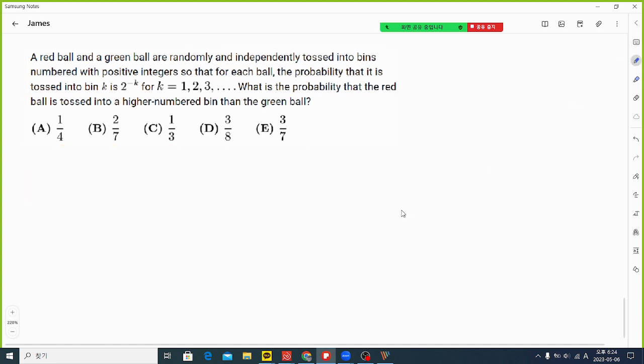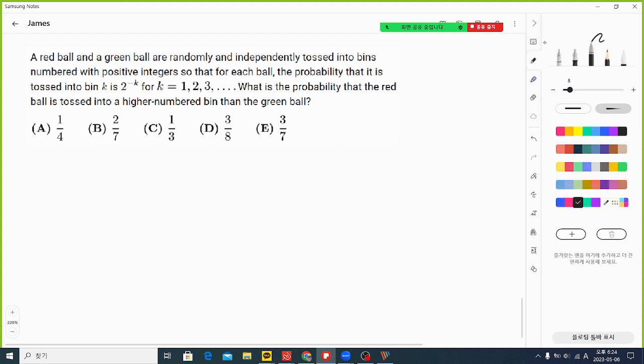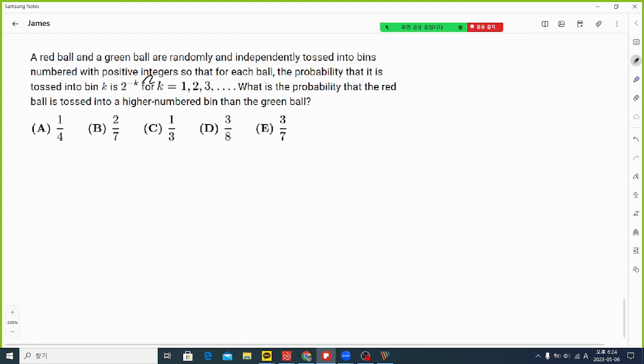So in this case, let's first find out when both the balls are tossed into the same bin. The probability that both the balls are tossed into the first bin, bin one, is 1 over 2.